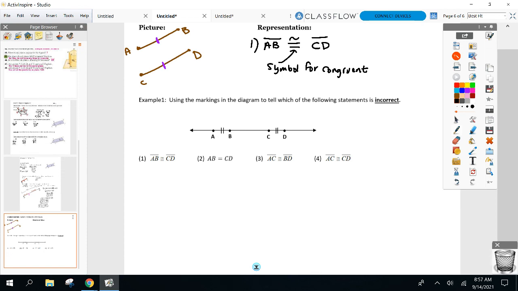Everyone see it? If that is true, which one of these is incorrect? I'm not going to call on anybody, but I want you to think about it and see if you have a choice in your mind.